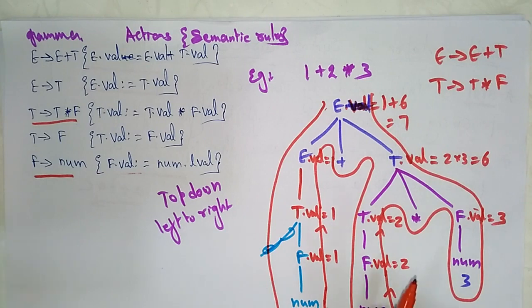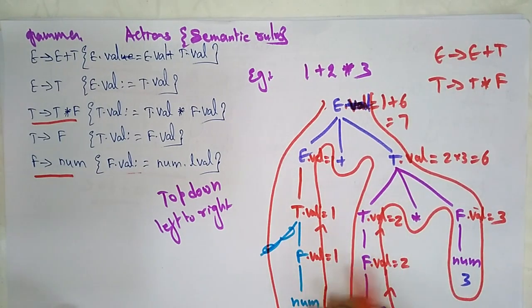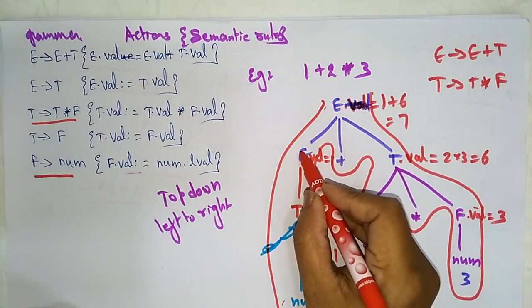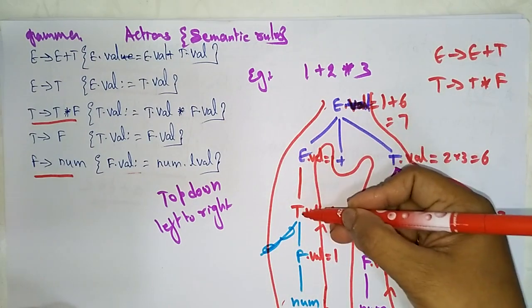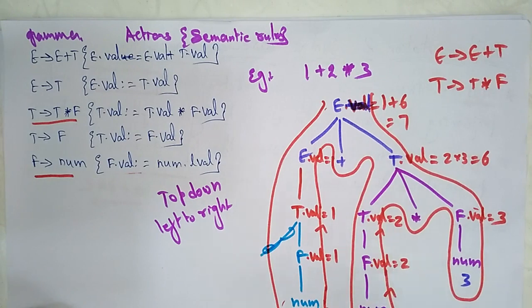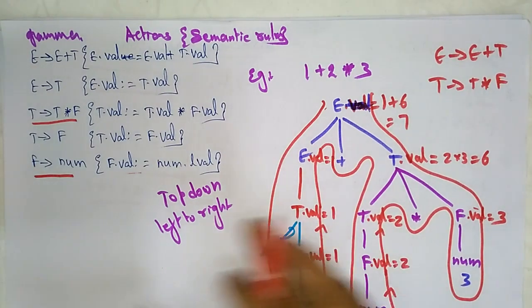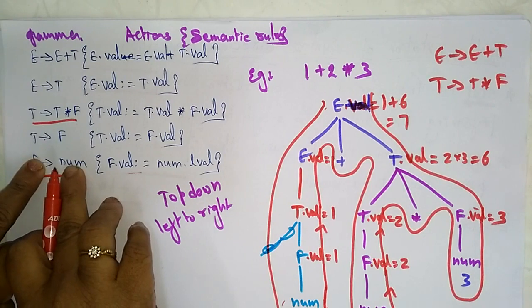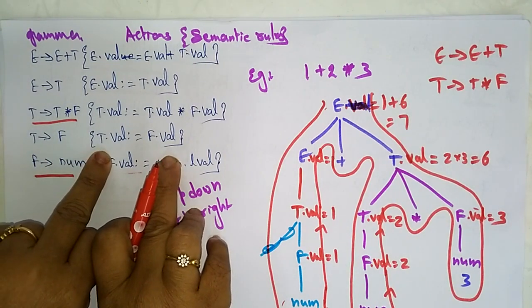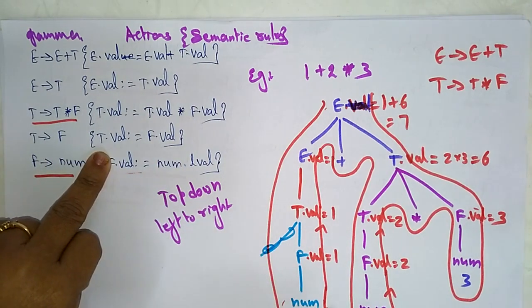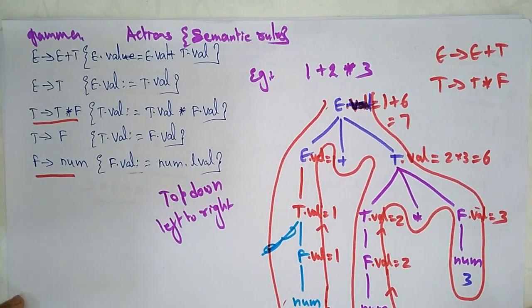So while you are going up, there will be a reduction. This is the reduction for this and this is the reduction for this, because E determines T, T determines F, F determines num. So like that there is a reduction. So whenever the reduction is there, you go to that production, and for that production, whatever action you have to take, you have to write that action here.